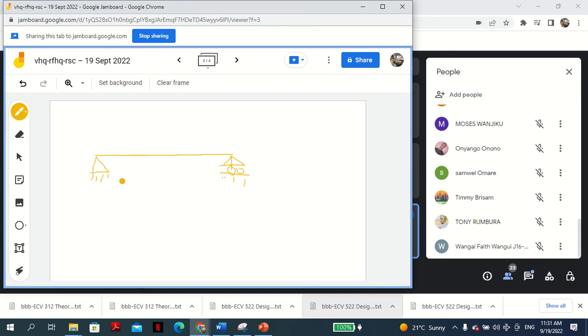Then you load the beam with the M over EI diagram, which you can solve here now. I think we can do this pretty fast.